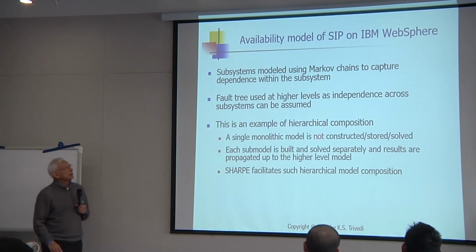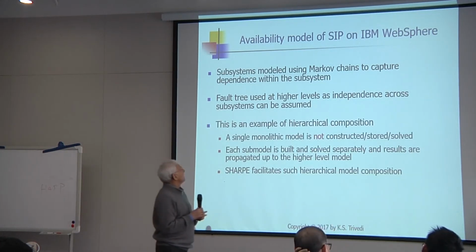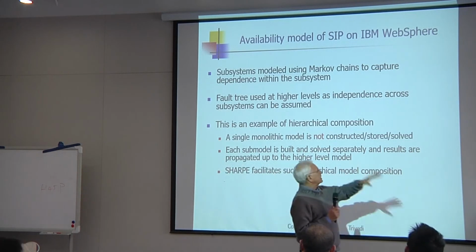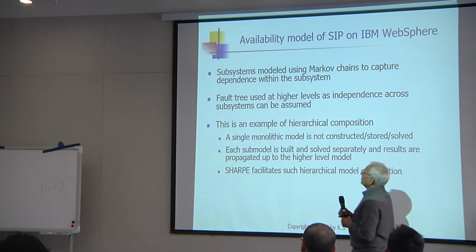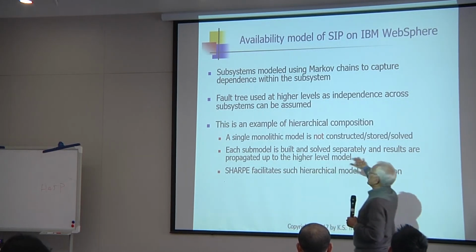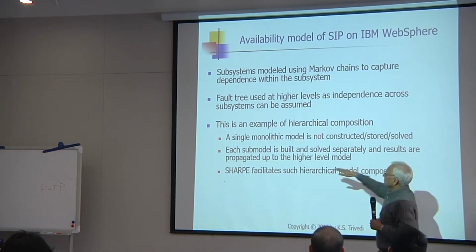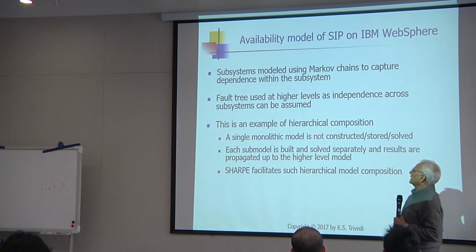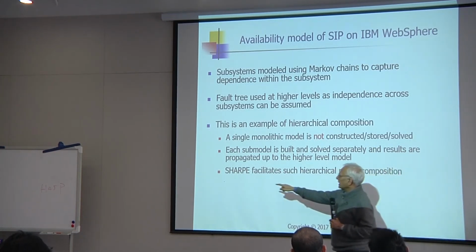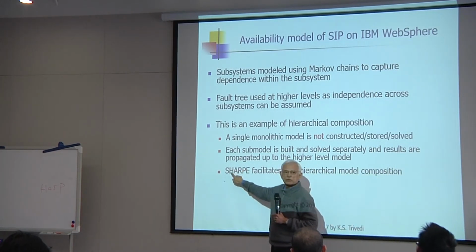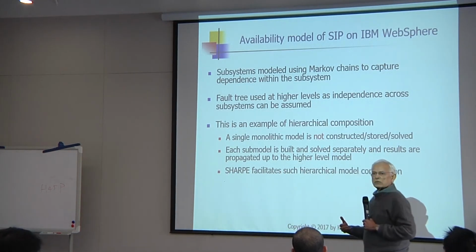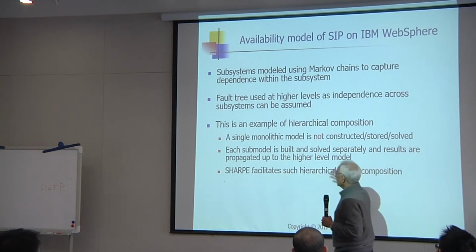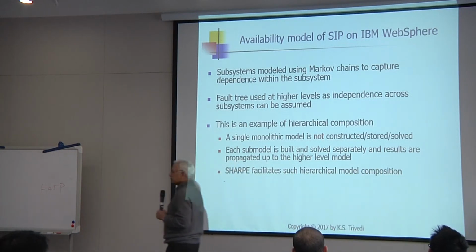This is an example of a hierarchical composition where a single monolithic model is not constructed or solved. Each submodel is built and solved separately, and the results are propagated up the hierarchy. The H in SHARPE stands for hierarchy, so this kind of hierarchical model construction and solution is facilitated very easily in SHARPE.